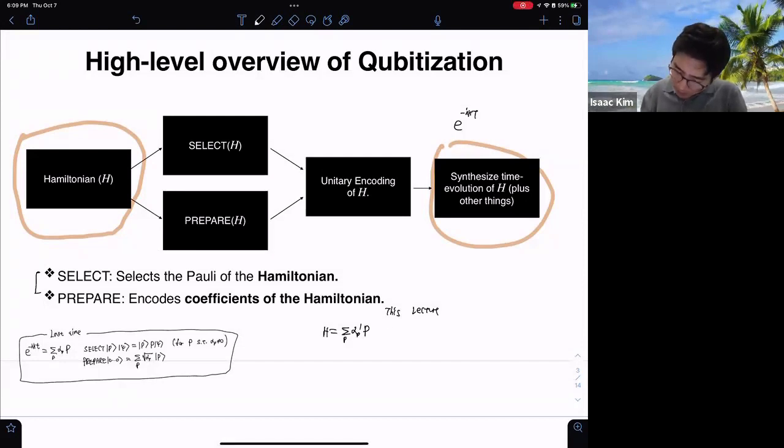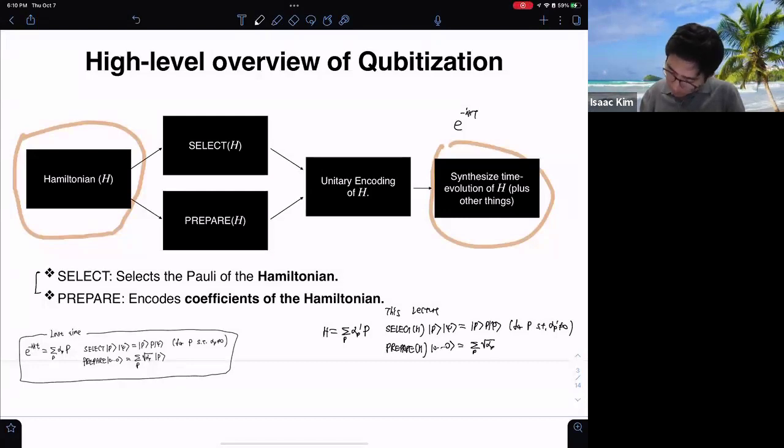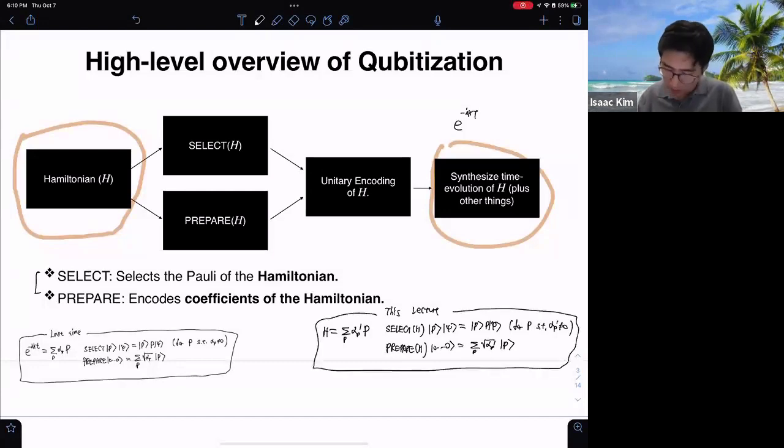And select H does something similar, as in the select, in that we apply this only for p such that alpha p prime is not equal to 0. And prepare H does the following.